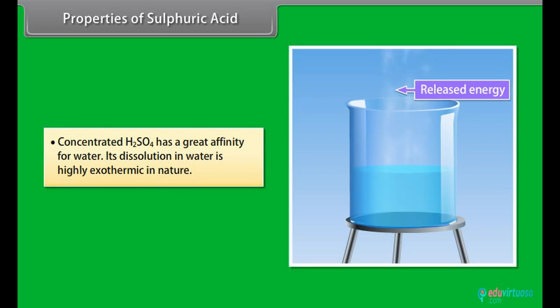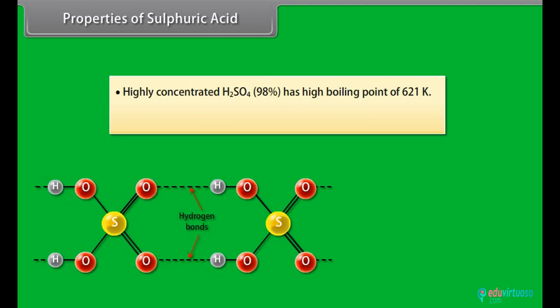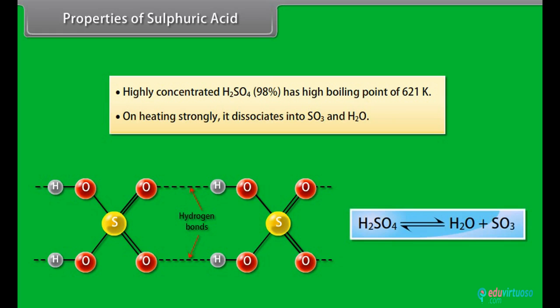Its dissolution in water is highly exothermic in nature. Highly concentrated H2SO4 has high boiling point of 621 Kelvin. It shows that H2SO4 has associated structure due to hydrogen bonding. On heating strongly, it dissociates into SO3 and H2O.